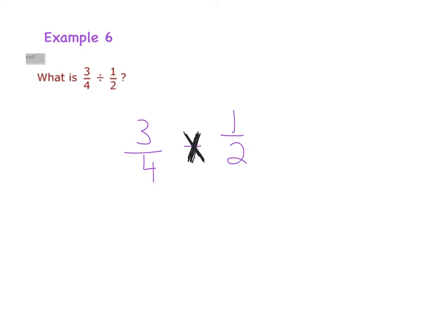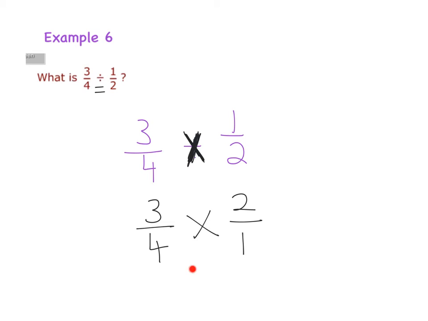So this is now multiplication. And this second part here, I now turn upside down. So it will be 3/4, and instead of division, it's going to be multiplied by, and I turn the second one upside down, so it will be 2/1.